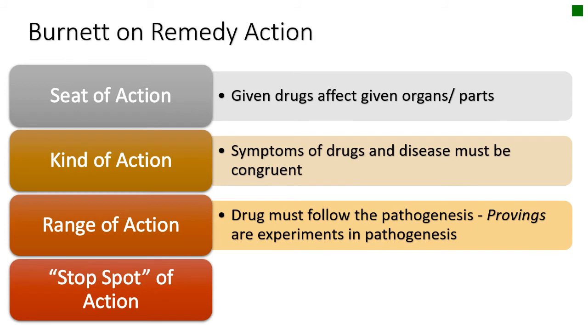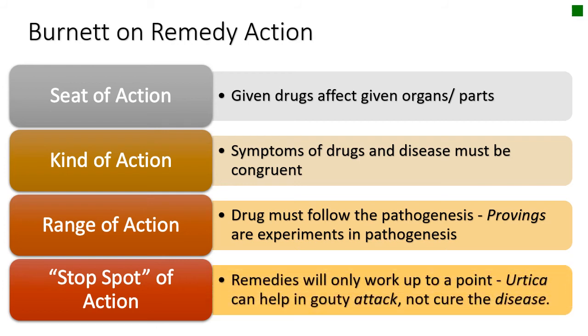And lastly, he talks about a stop spot of action. In other words, remedies will only work up to a certain point, and they will not work beyond if we have not seen the pathogenesis of that remedy going up to that point. As an example, Burnett mentions in another book that urtica can help in a gouty attack, but it will not cure the disease, because this particular remedy cannot produce the symptoms of the disease itself, but it can mimic or come close to the symptoms which present during an attack.